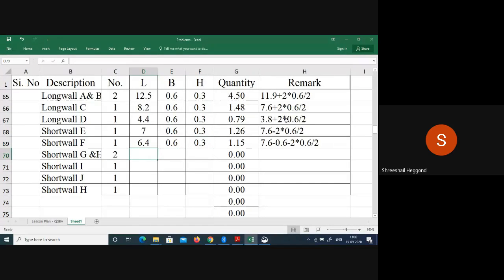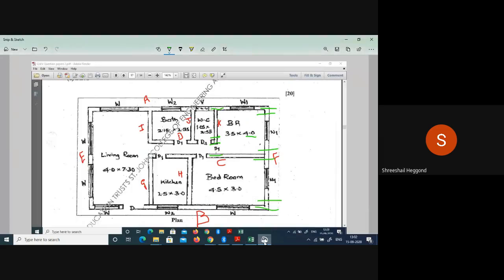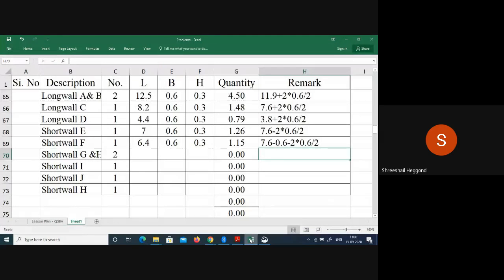Next, G and H will be of length 3.3 center to center. That can be written minus both the sides you have to deduct, that is 2 into 0.6 divided by 2. Therefore it will be of 0.7, 0.6, 0.3.